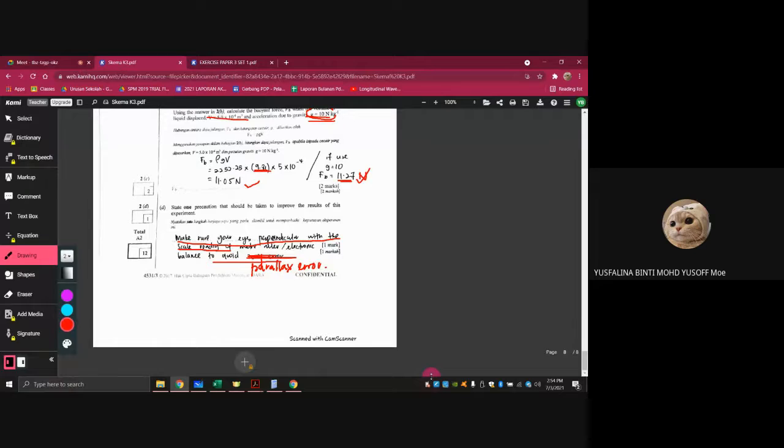And for an electricity experiment, you can say make sure the connecting wire is connected tightly. If they want two precautions, but usually they only want one. So please do remember this sentence. Don't change anything.